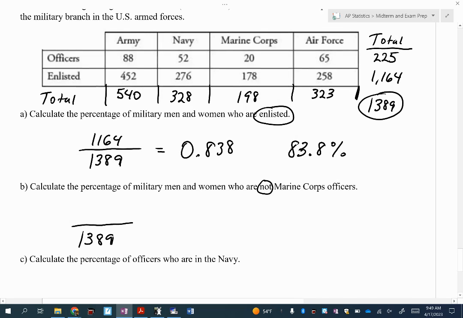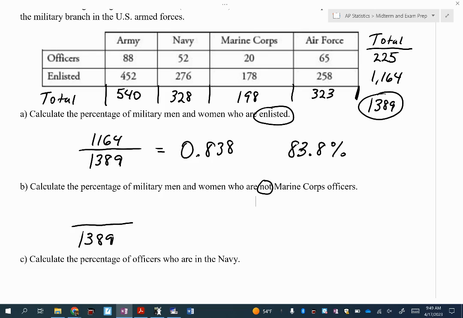One way to do it is to actually find the percentage that are Marine Corps officers and then subtract it from 100%. Some 1 or 100%. You remember what that's called? Finding the complement. Well done, Thomas. Finding the complement.